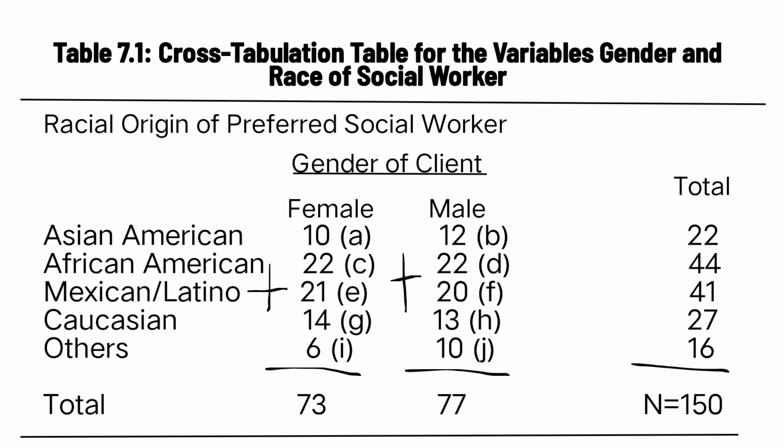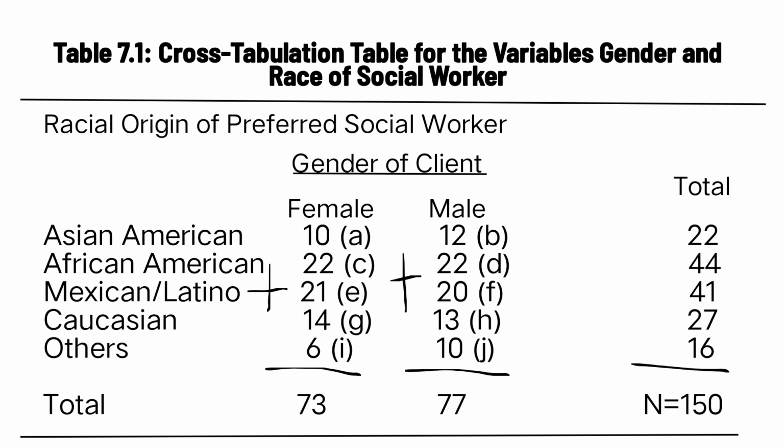For Asian American, the gender of client female was 10, and the male was 12. This is an example of how we make a cross tabulation table so that we know how to calculate further.